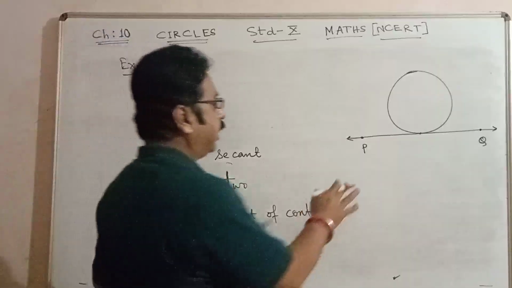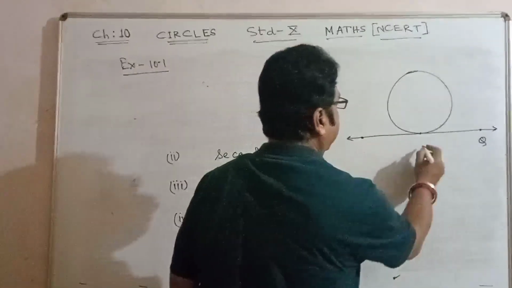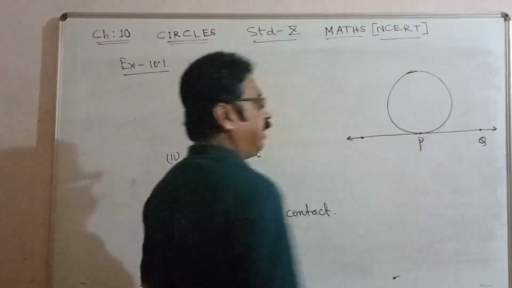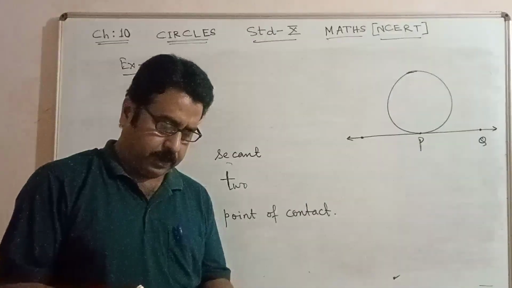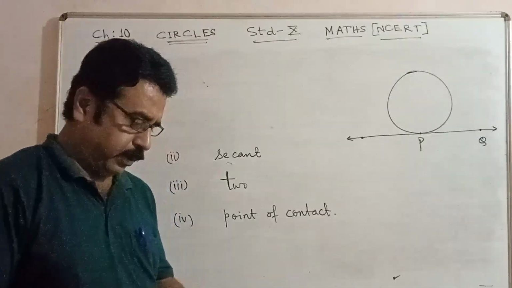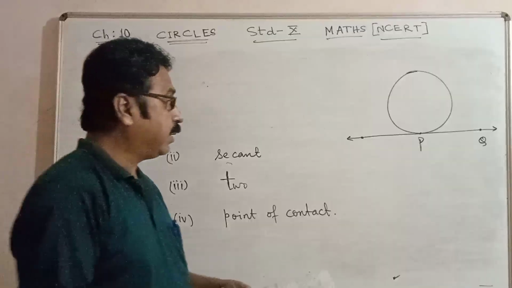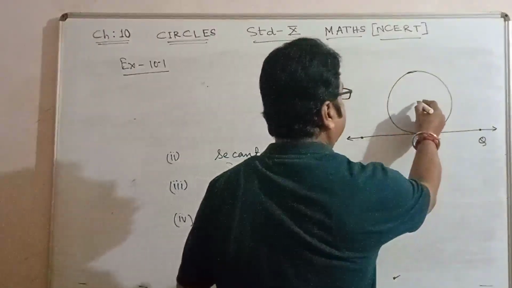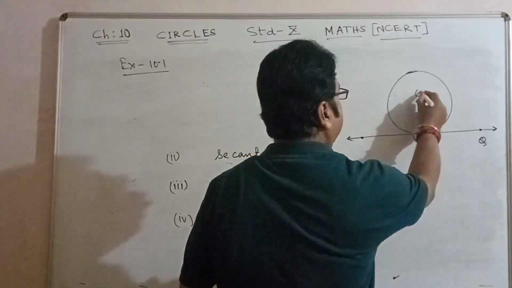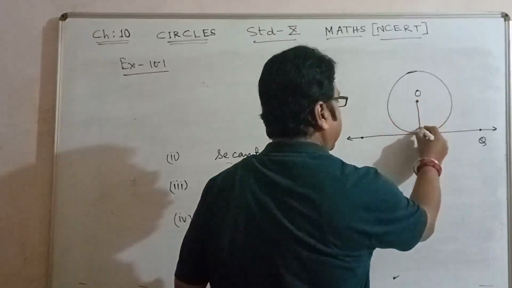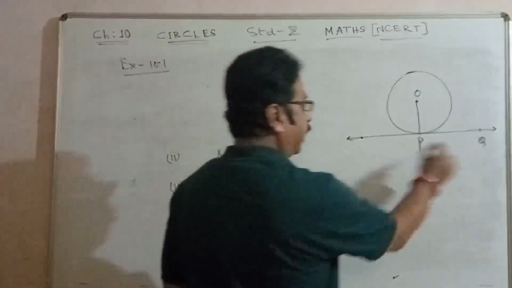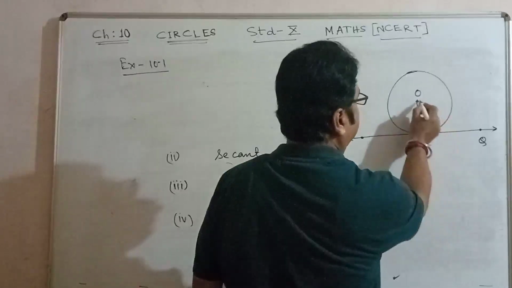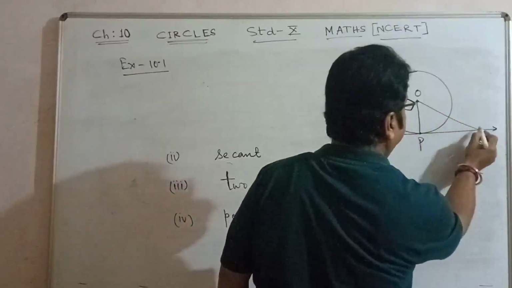So P point will be here. P is the point of contact. O is the center of the circle. Already we proved that OP is perpendicular to the tangent PQ. OQ, we can join it.